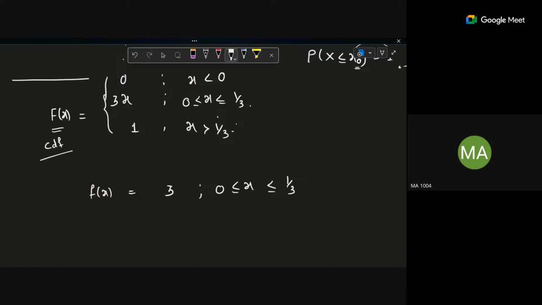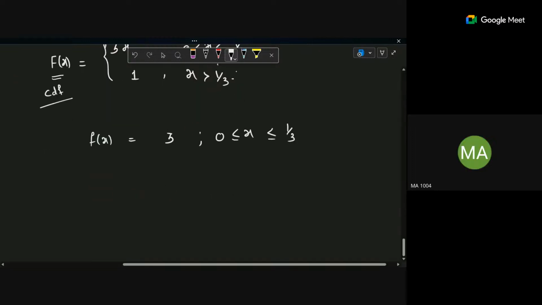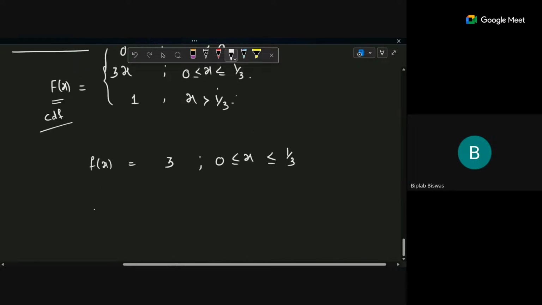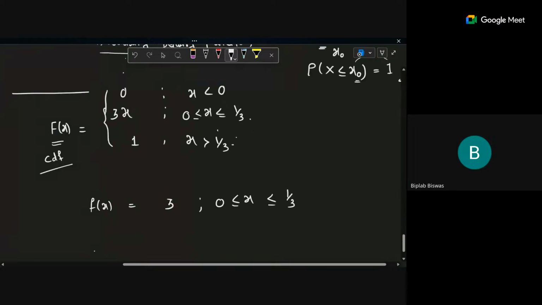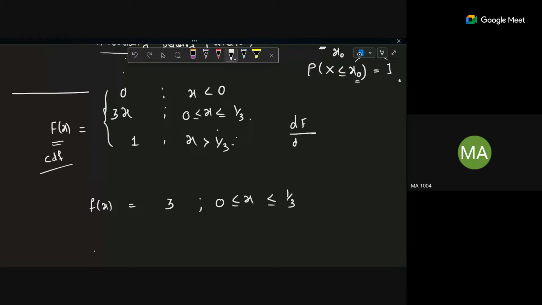Like how? It will be 3 by 2 into x square, and then... You are doing a derivative or integration? Oh, this is the CDF given. See, the derivative of the CDF will give you the PDF.